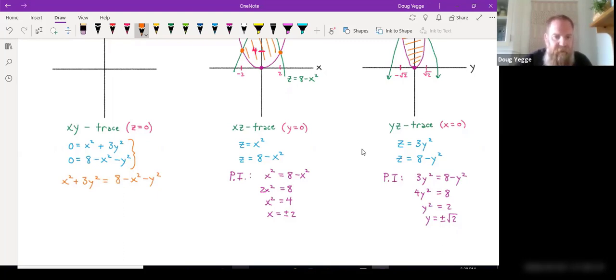If I add those terms to the other side, I get 2x squared plus 4y squared equals 8. If I divide everything by 8, that gives x squared over 4 plus y squared over 2 is equal to 1, and we should recognize that as an ellipse.